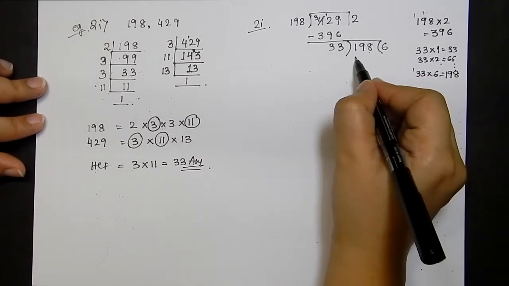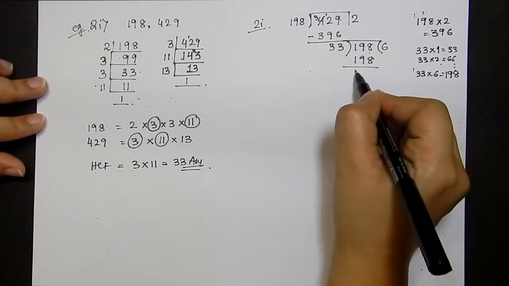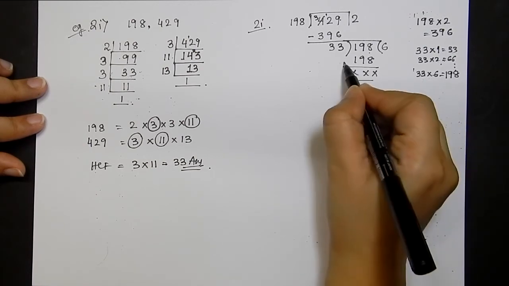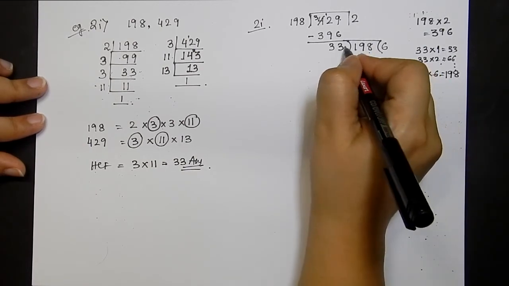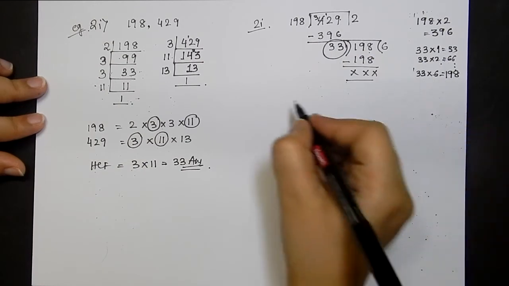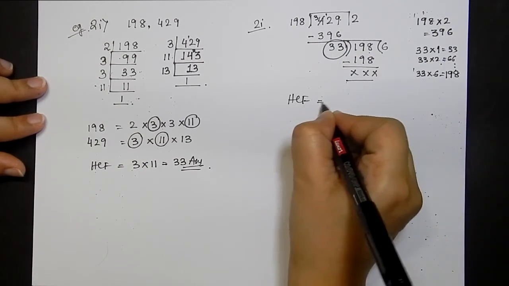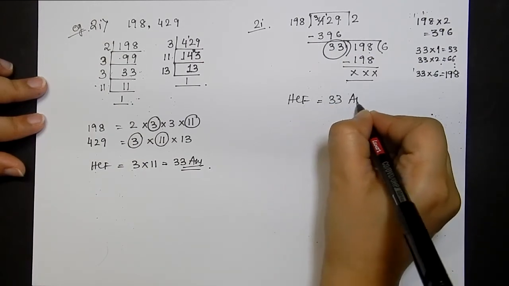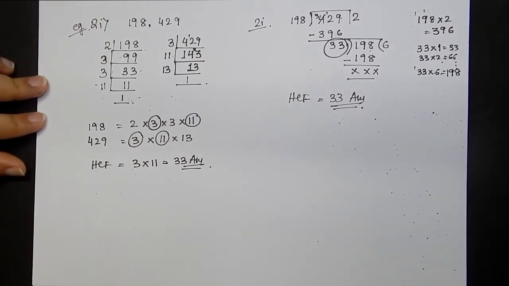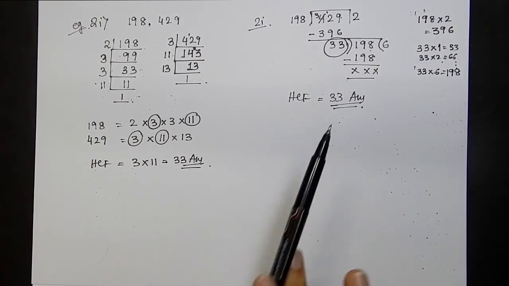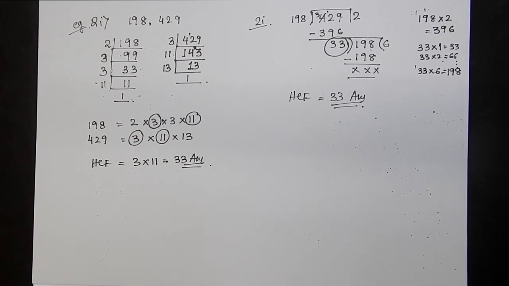So 6 33s are 198 and we get a 0 remainder. Since we have got a 0 remainder, the last divisor, 33, is my HCF. So in the prime factorization method as well as the division method, we have got the same answer.